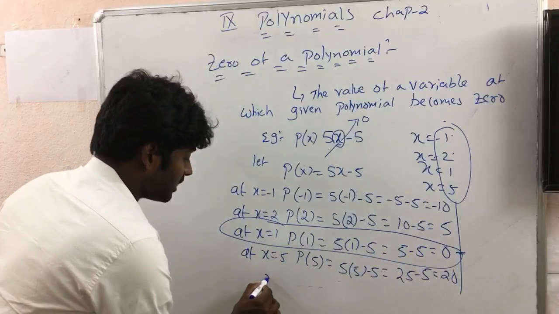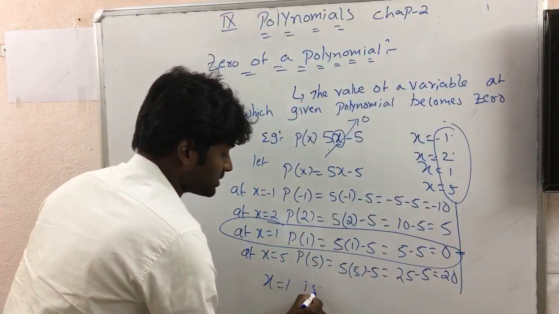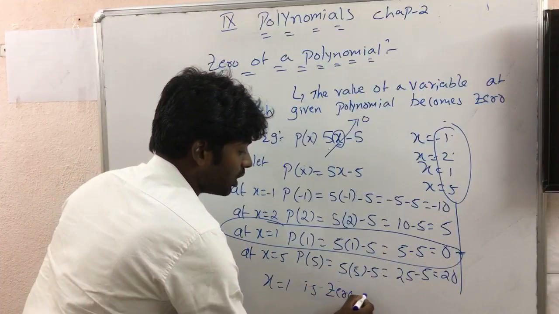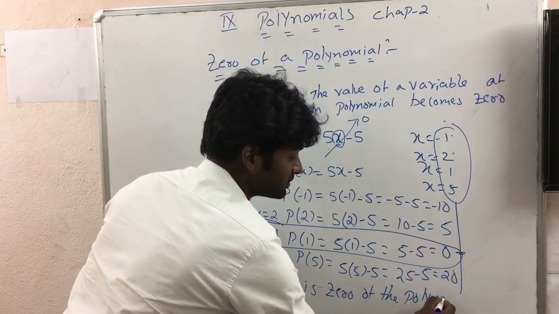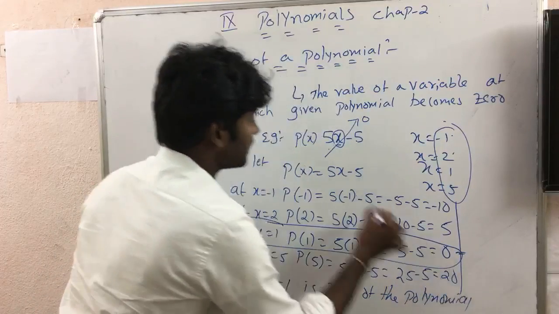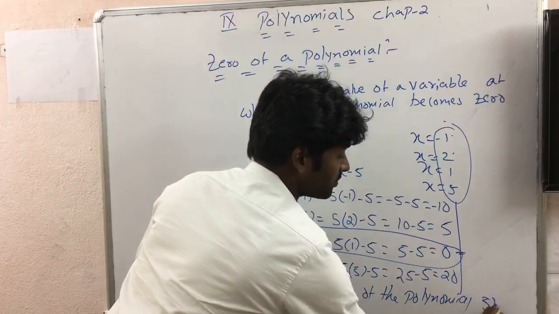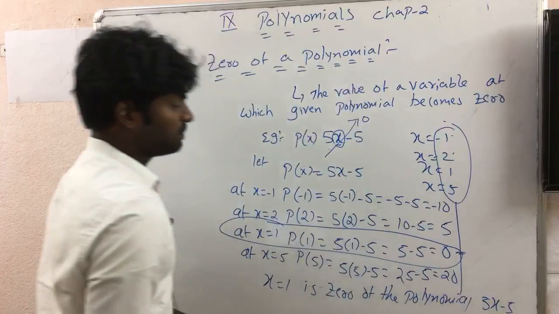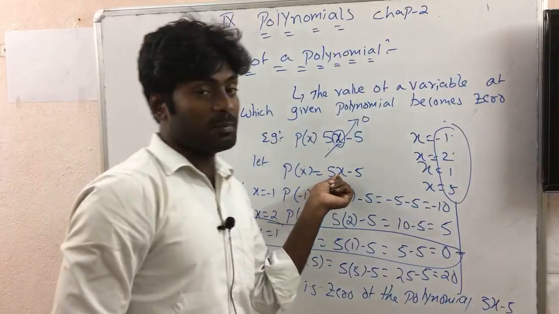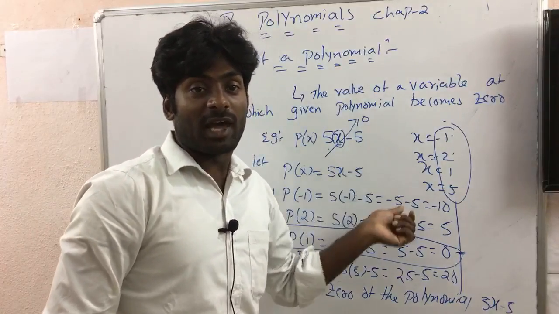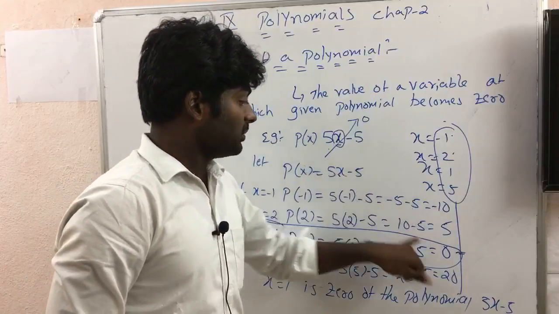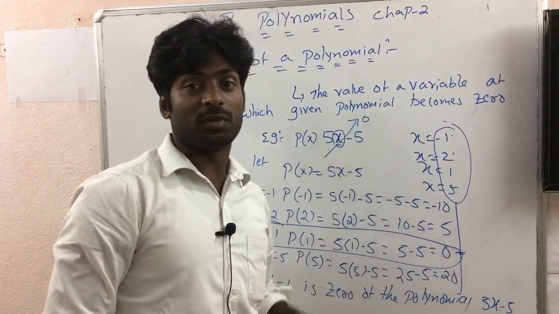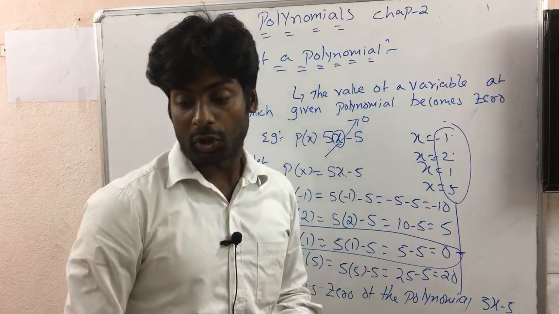Then x equal to 1 is the zero of the polynomial 5x minus 5. Simple thing is that if you replace the variable with any value and the entire polynomial becomes 0, that value is said to be the zero of the polynomial.